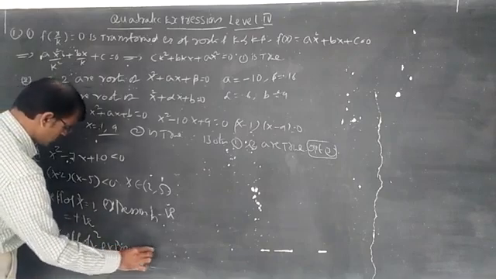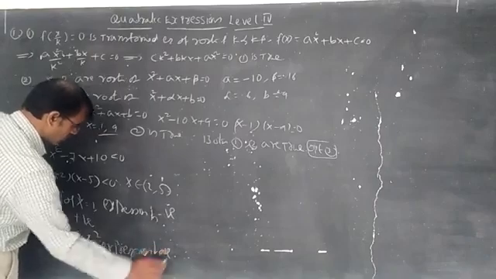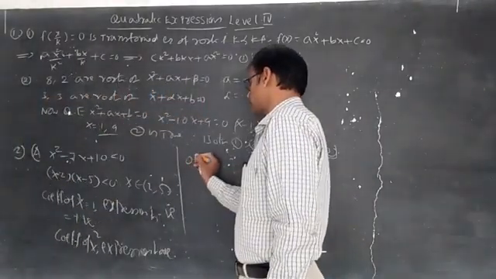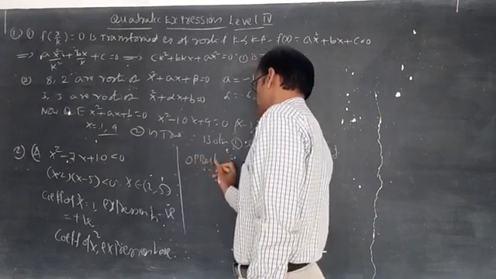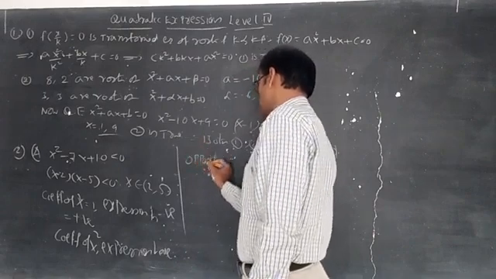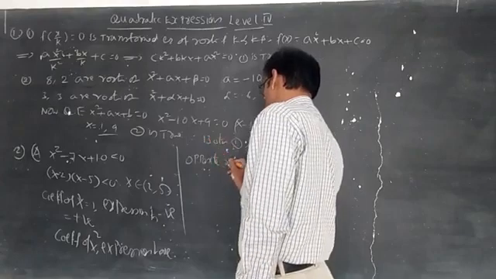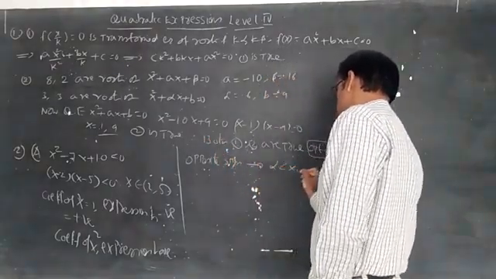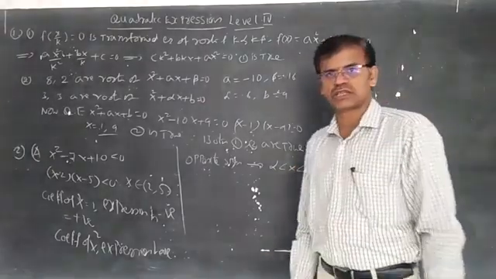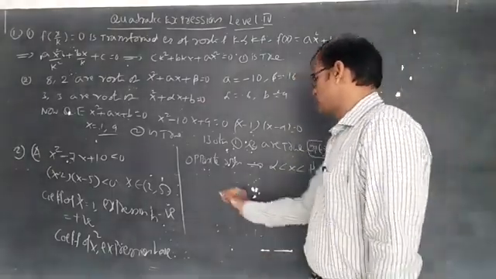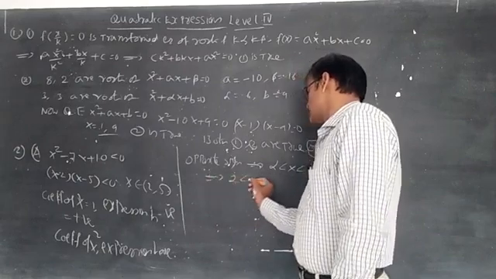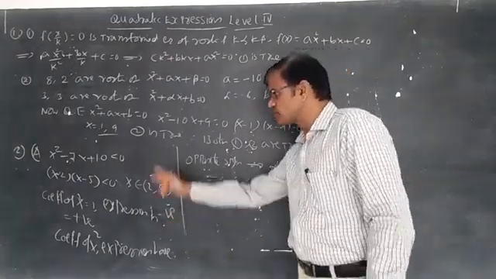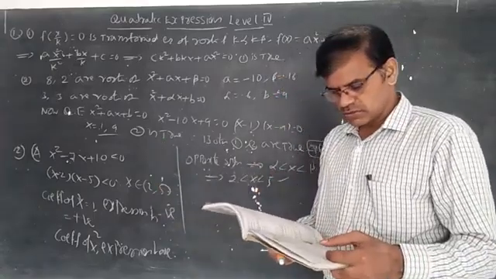It is a theorem. Whenever it is opposite sign, alpha less than x less than beta, already we proved the theorem for IITJEE. So that implies here 2 less than x less than 5. Exactly, this is right. Depending upon this only we got the assertion.